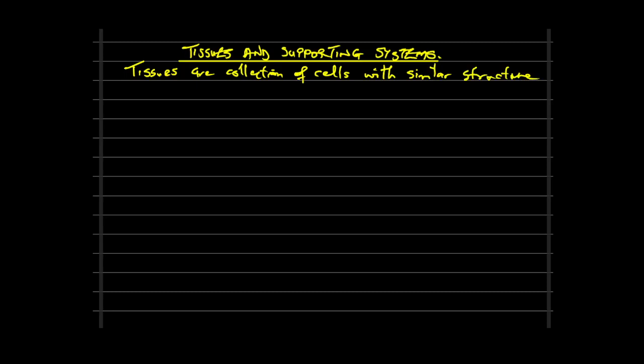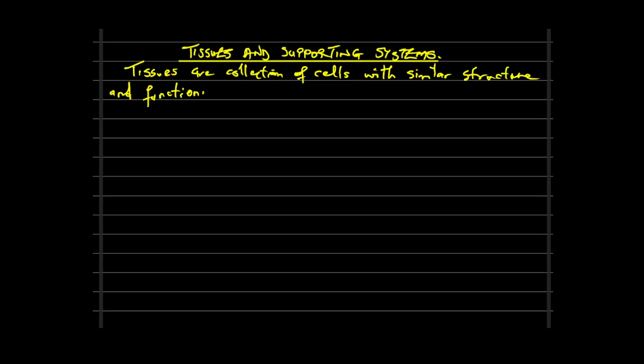So we are talking broadly about a whole lot of things today, starting with what we refer to as tissues. We have just said that tissues are a collection of cells that have similar structure and function. When we have a group of cells that are related in their structure and the function that they carry out, we group them together as tissues.